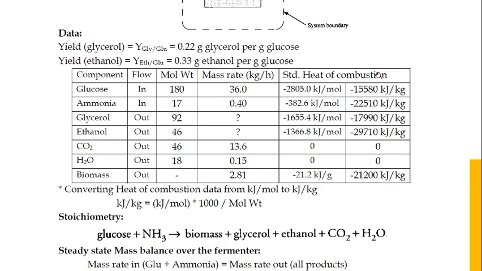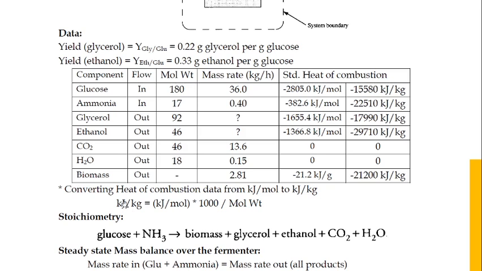Then the table that is given, I rewrote the same content as it is, not changed anything till here. For the standard heat of combustion, since the data is available in kg per hour here, mass flow rate is in kg per hour, and here it is in moles, and here it is in gram, let me convert that information to per kg.